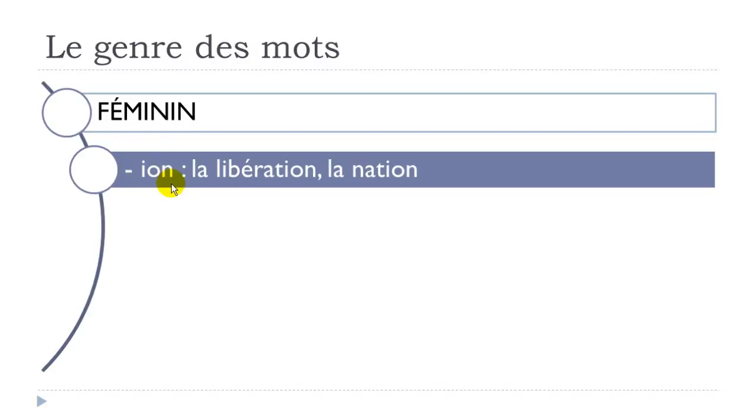This is quite important. Never say always when you talk about the French language, because you always find some exceptions. So I will say in most of the cases, when they end with ion, they will be feminine. For instance, la libération, or la nation.